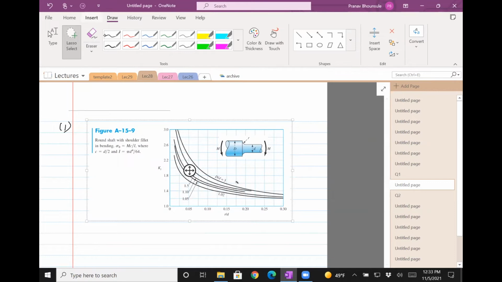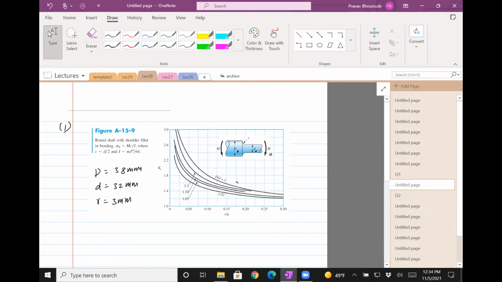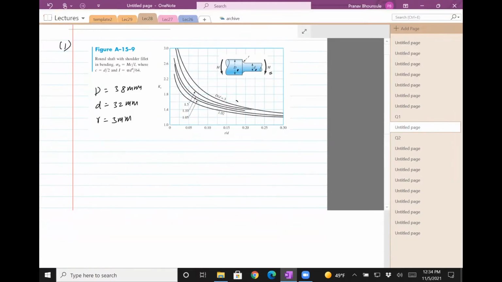So this is a shaft with shoulder fillet in bending. There's a moment M, but you need to find D and small d. We know that capital D in this case is 38 mm, small d is 32 mm, and then the radius of the fillet is 3 mm.